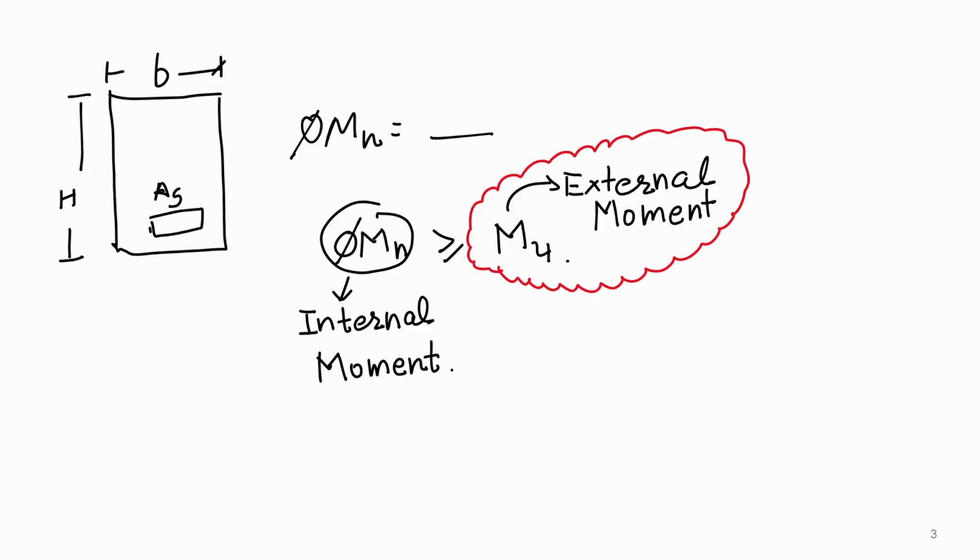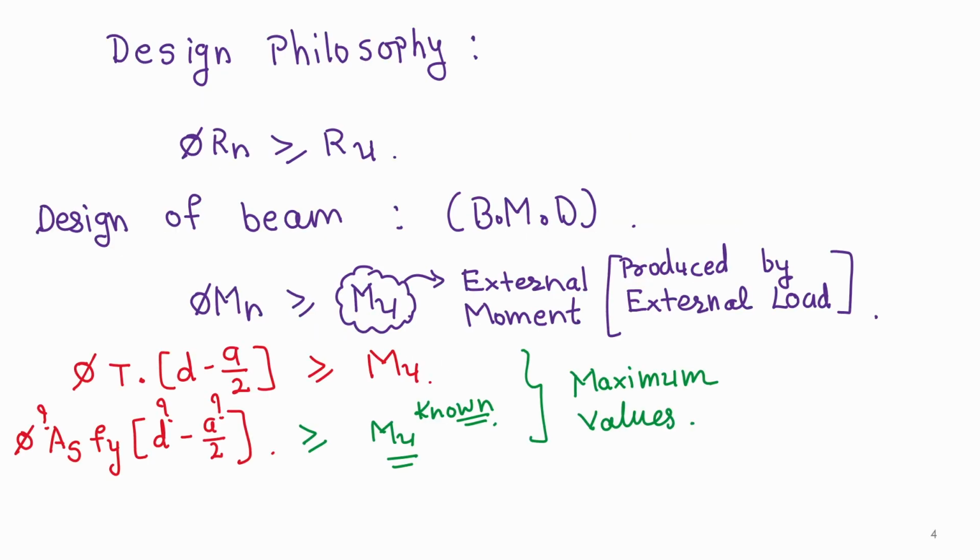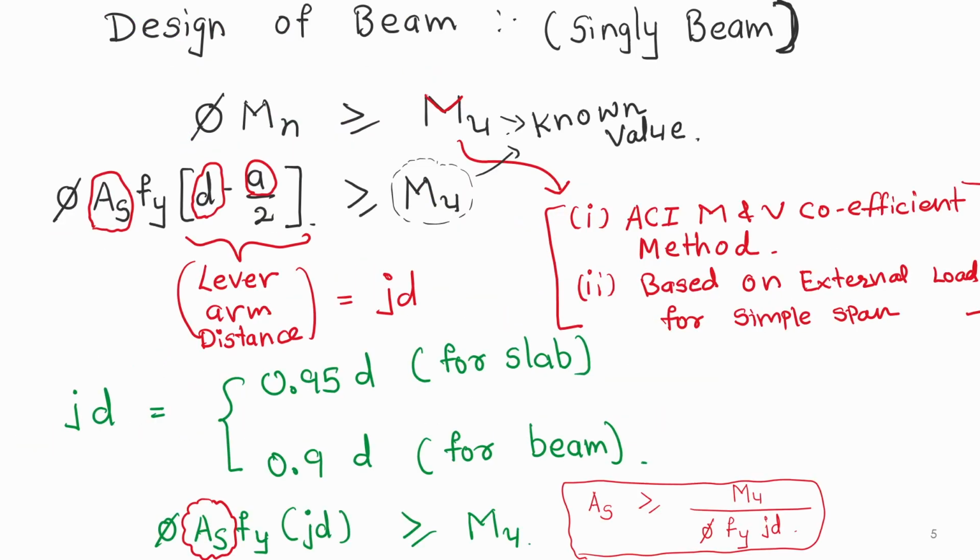We need to figure out which type of system we have, if we have a simply supported beam, continuous beam, etc., to determine the extreme value for the moments, positive or negative, and to find the area of steel, yielding stress, depth of the beam, the depth of the Whitney block, etc. So again, we are working with extremes here.